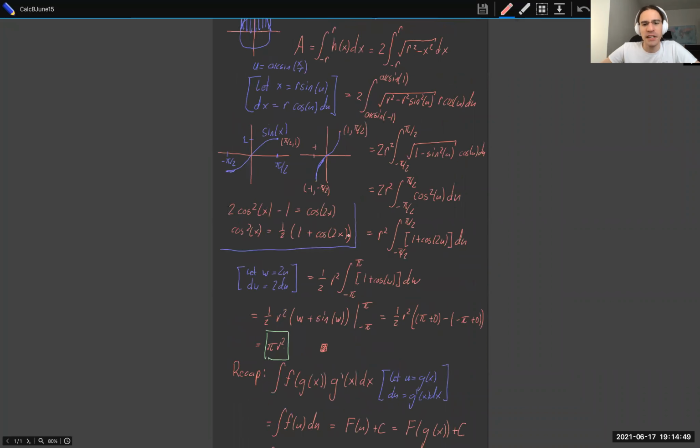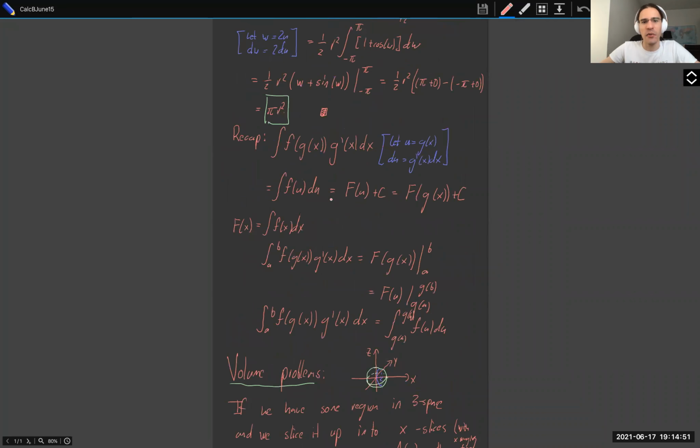And we did a quick recap that when you have f of g of x, g prime of x, and you make the substitution u equals g of x, the bounds change from a to b to g of a to g of b. And so what we do is we write the new variable that we're introducing as a function of x. Before we wrote x equals, but x isn't the new variable being introduced, u is. So we have to solve for it before we apply the function.